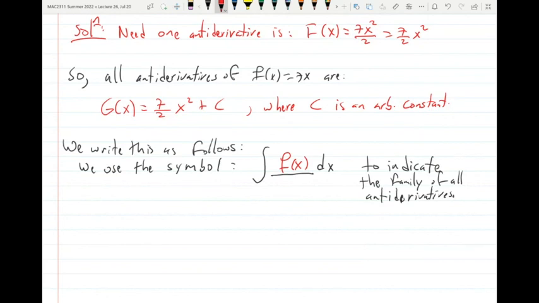Here you're going to write your function. Now I don't need a line. So we write this, and that means the family of all antiderivatives of little f. We call this an indefinite integral.